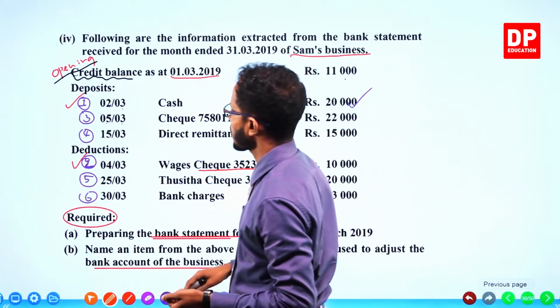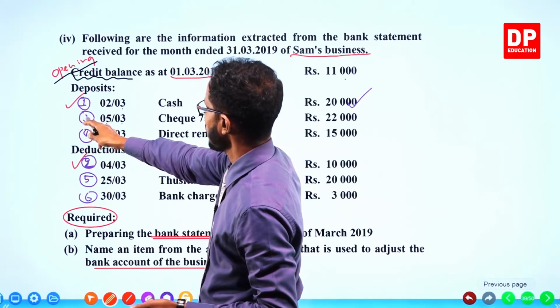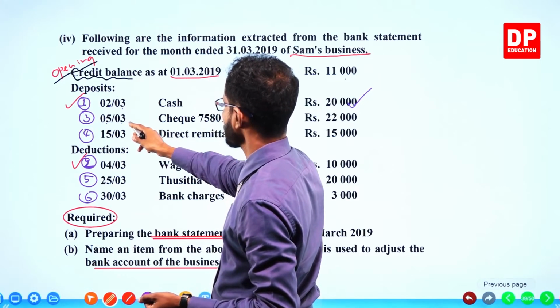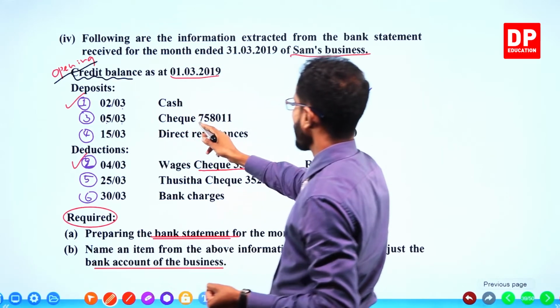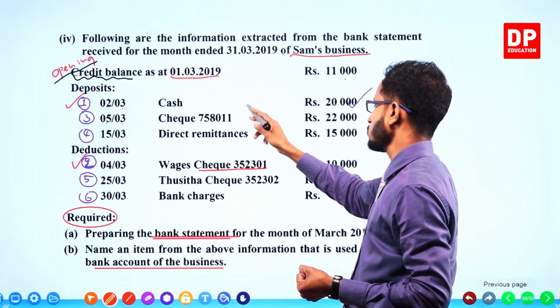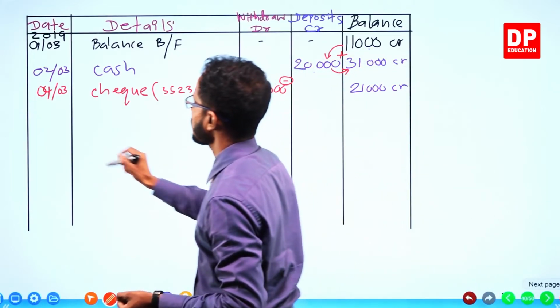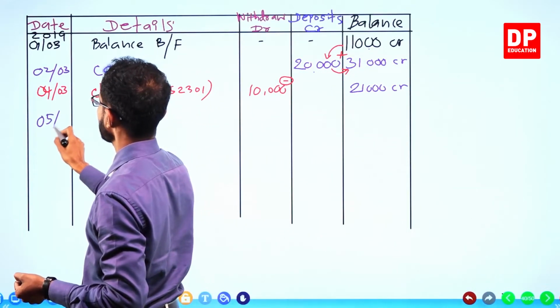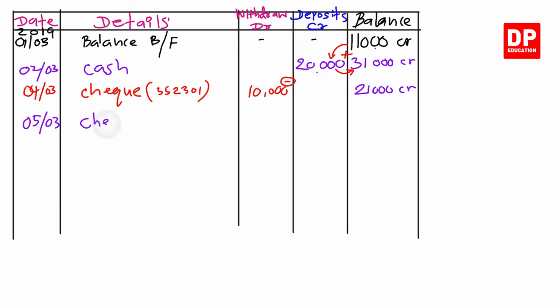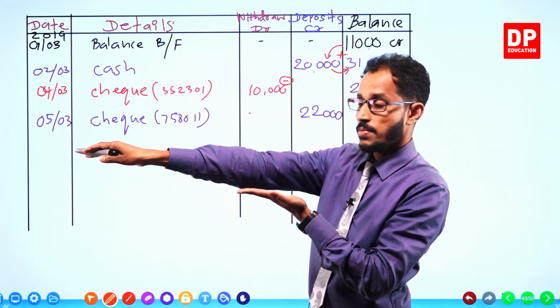Next. 5th March. It's a deposit. Check 758011, 22,000. Check deposit 758011, 22,000. No, not in the debit column. In the credit column, because it's a deposit. Cash goes into the bank.